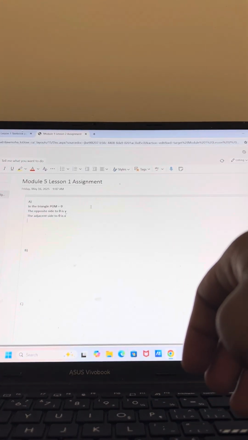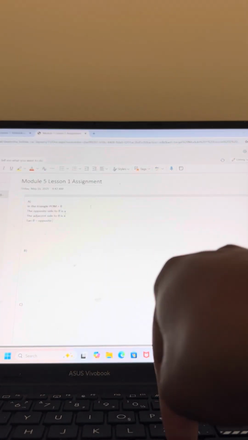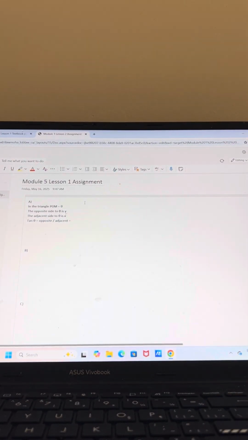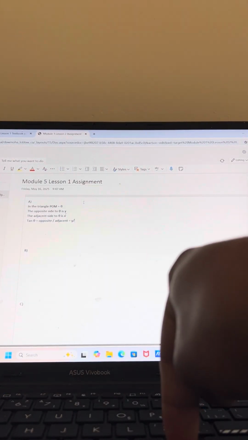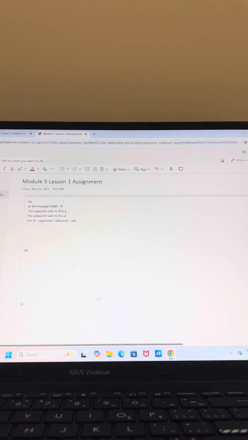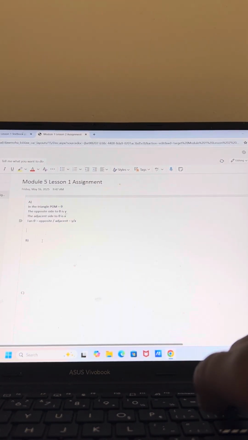So tan theta is going to be opposite over adjacent, like how we've been practicing since grade 10. So tan theta is going to equal opposite over adjacent, and this is going to equal y over x, right? Opposite over adjacent. So that's it for A.